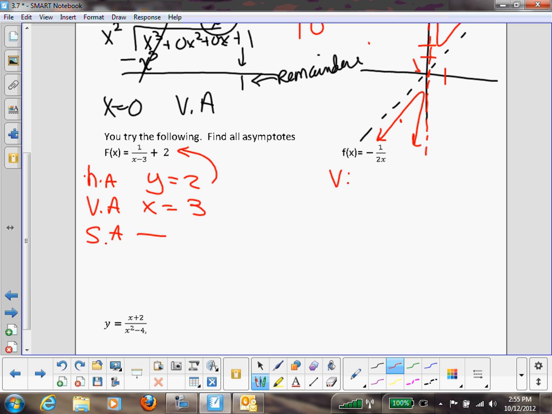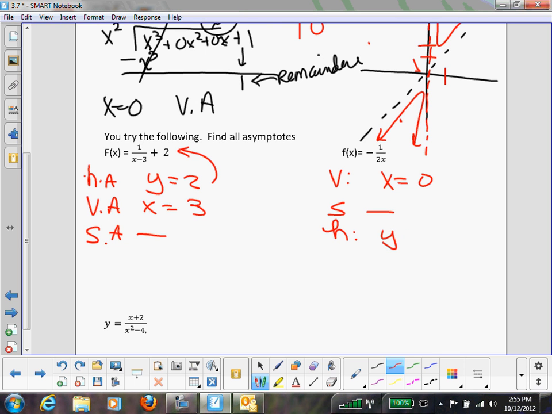Do I have a slant? Do I have a horizontal? Y equals 0. It's this number out to the side. Because the numerator's exponent has to be 1 greater than the denominator's.